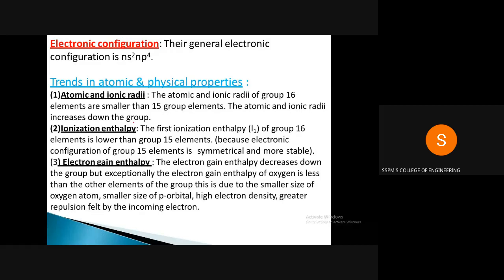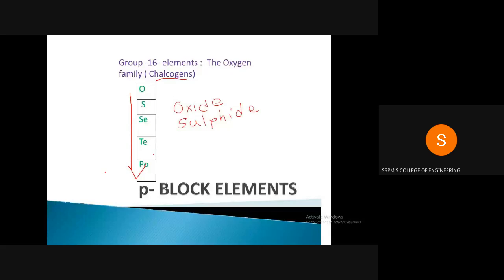Electron gain enthalpy decreases when we go from oxygen down the group. So electron gain enthalpy आहे ती decrease होते. As atomic size increases, electron gain enthalpy decreases. So atomic size increases.